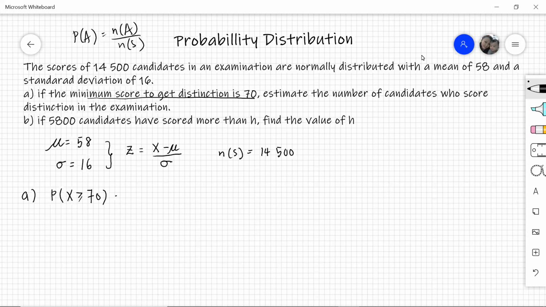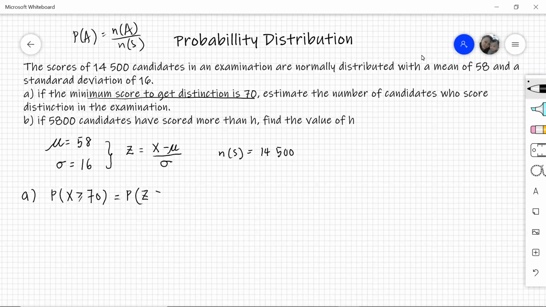So let's just change to the z-score first. Always from the normal score, we got to change to z-score because the z-score is a standard score. We have to use the standard normal distribution table for us to find the probability. So in order to use that table, we got to change everything into the normal distribution value.